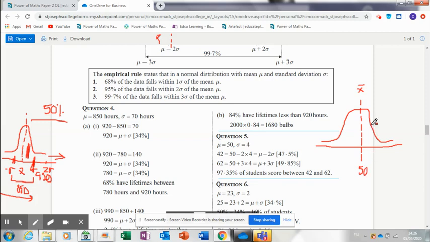Now, if this bit here is 1 standard deviation, minus sigma, walk along, that'll be 2 standard deviations above, 2 below, and 3 standard deviations.